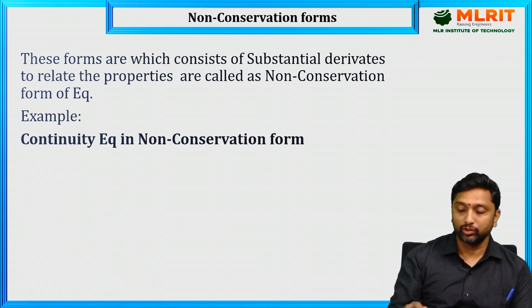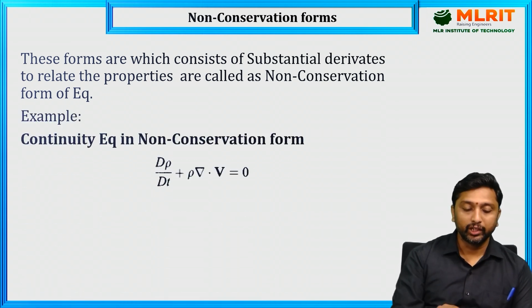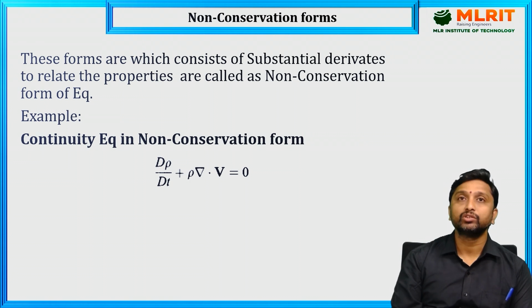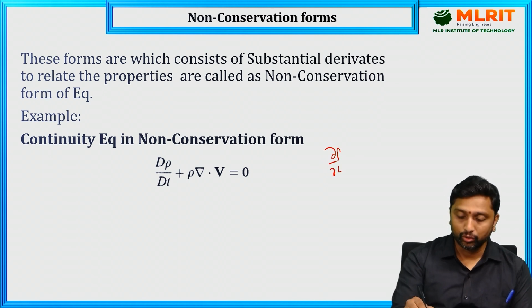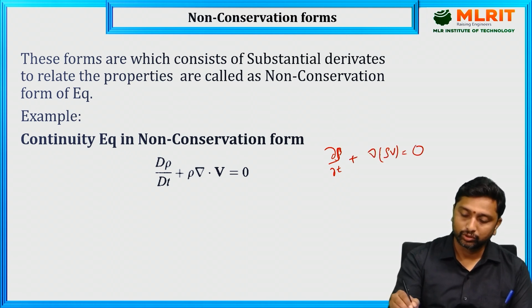For example, you take the continuity equation, D rho by Dt plus rho into divergence of v equals 0. So it is somewhat different from whatever we discussed for the continuity equation just now, which is dou rho by dou t plus divergence of rho v equals 0.